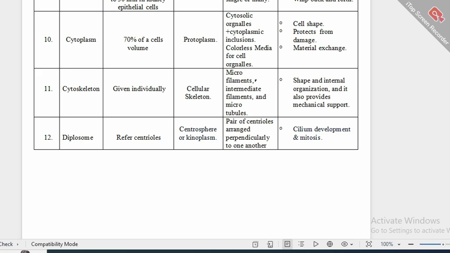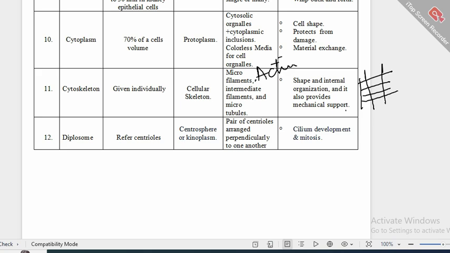Microfilaments, as we saw at the initial part of this session, are also known as actin filaments. It helps in maintaining shape and internal organization of the cell, and it also provides mechanical support.